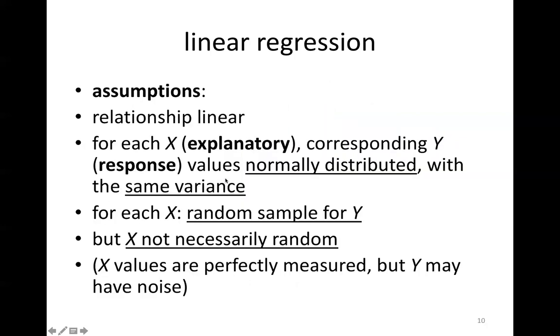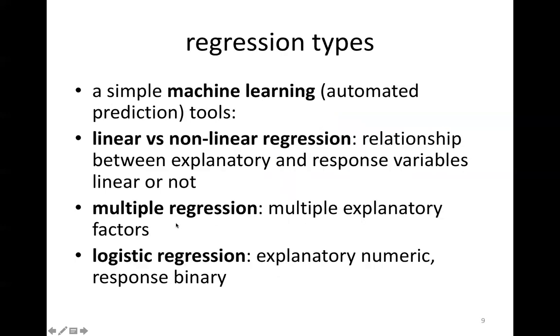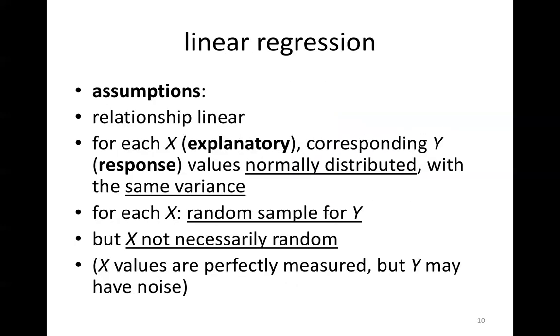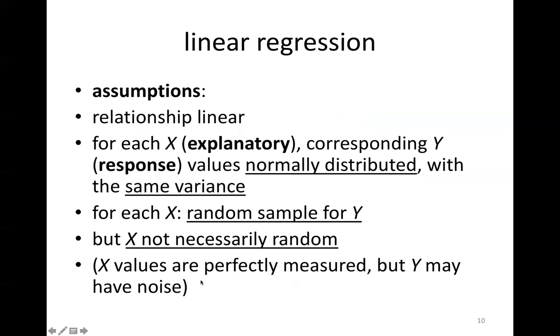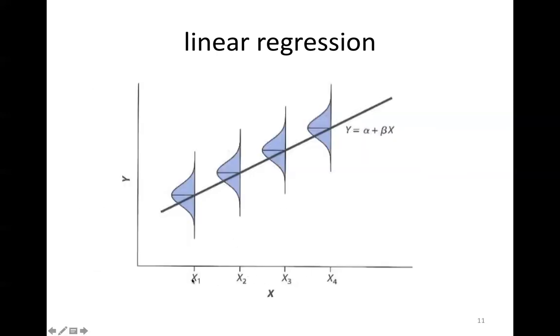That's one other assumption, that each y value we observe is a random sampling corresponding to a specific x value. But the values on the x aren't necessarily supposed to be random.